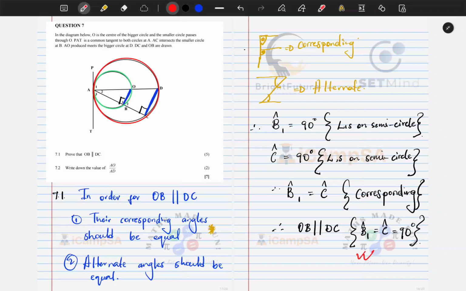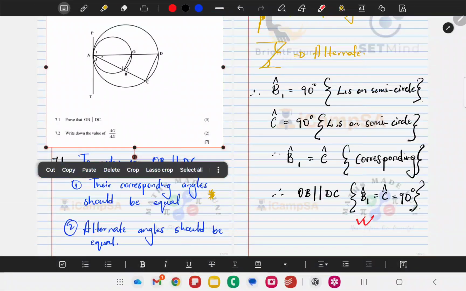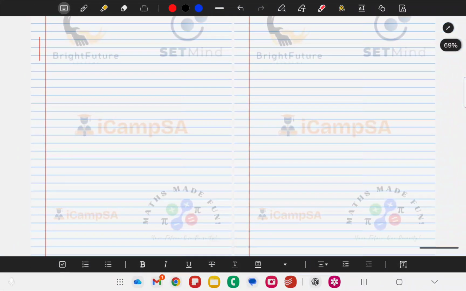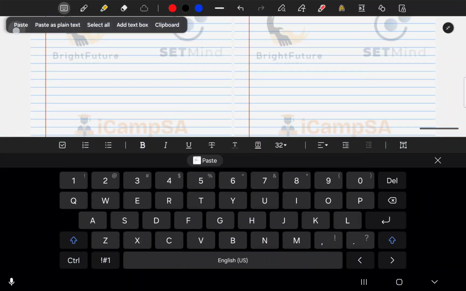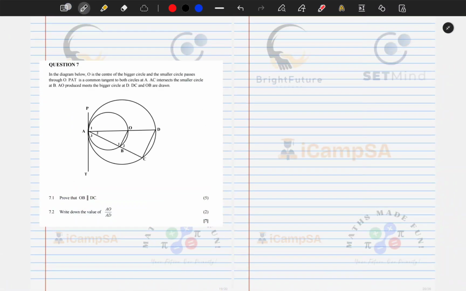So now let's look at your question 7.2. I think we just need to copy this and paste it here so that we don't keep on going back.